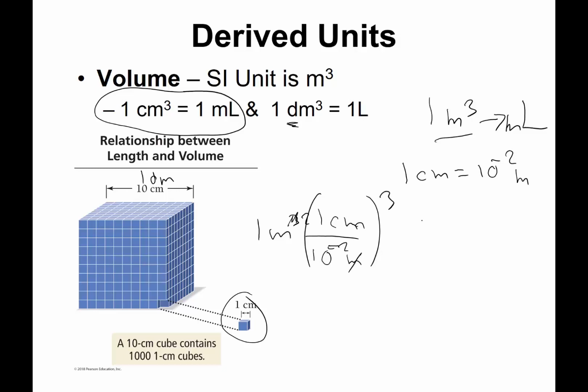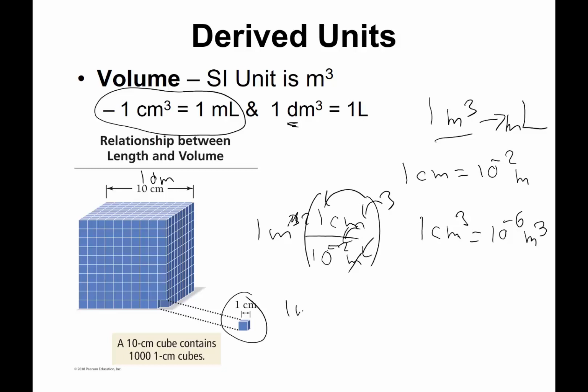So this conversion factor then turns into 1 centimeter cubed equals 10 to the minus 6 meters cubed, right? So we had to cube this, this, this, and this.